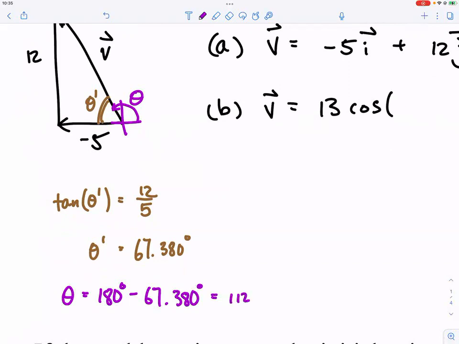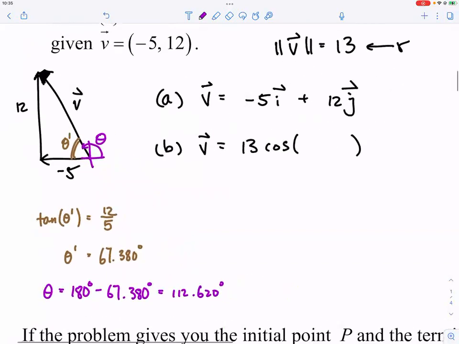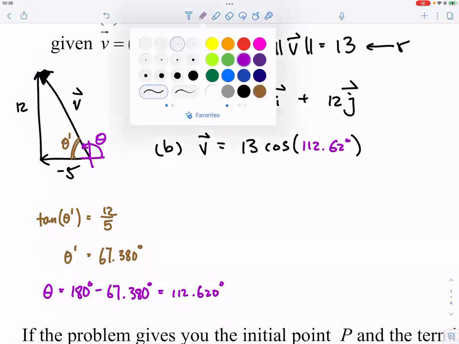So 112.62 degrees. Okay, so now you can put the angle right here. That is your theta.